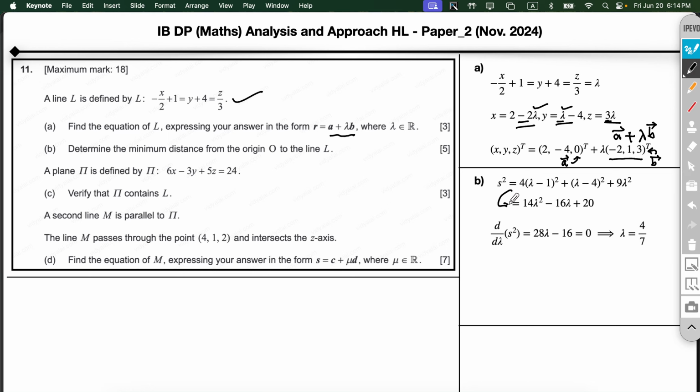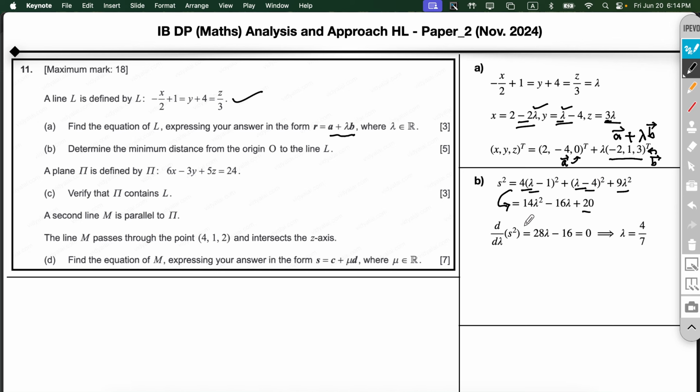This is the simplified form: 14 lambda squared, since here you get 4 lambda squared, here 1 lambda squared, and here 9. Then there is negative 16 lambda, 8 from here and 8 from there. And for the constant term, you have 4 plus 16, that is 20.